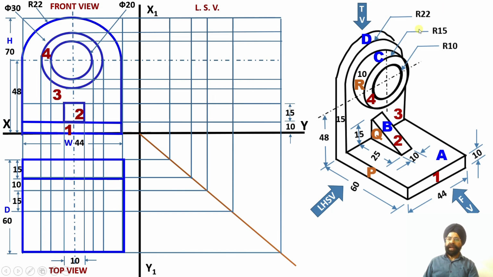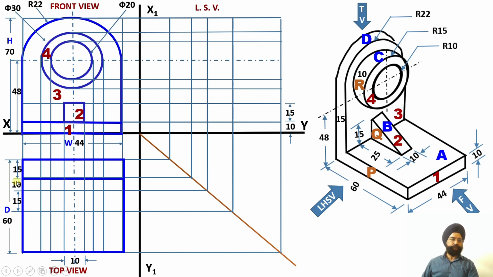Next, I have surface number C. Please check, surface C will be lying between this diameter. What is this diameter? It is equal to 30 millimeter. So where does it appear in the top view? You bring projections over here. This width is equal to 30 millimeter, starting from here and ending up here.